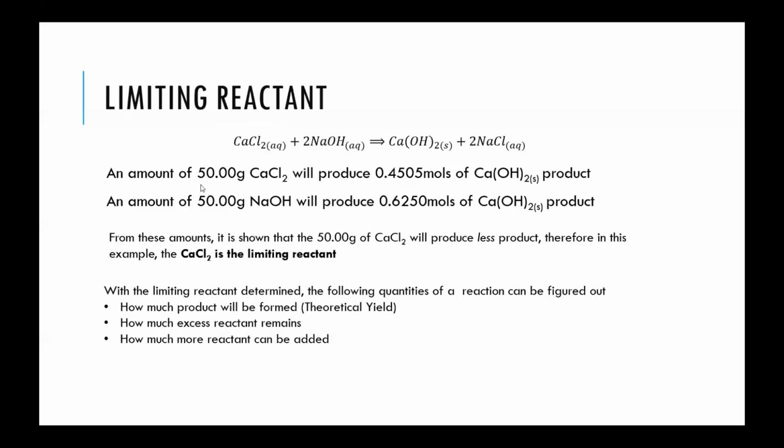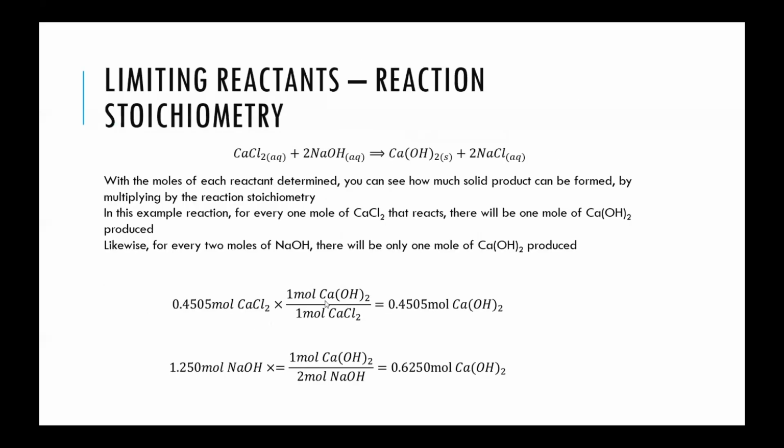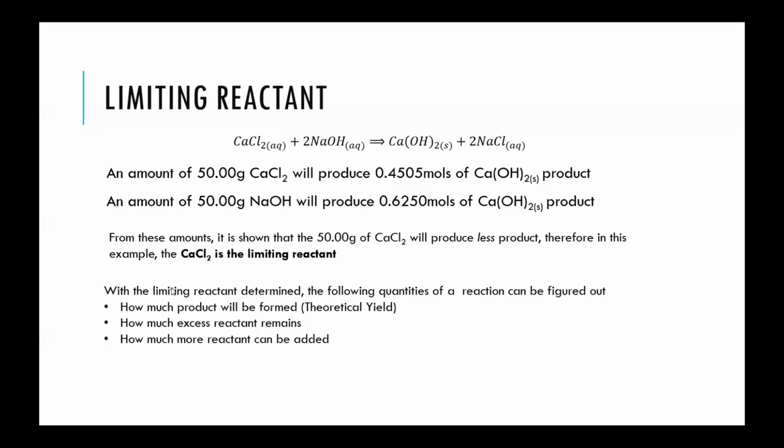So if the limiting reactant is all used up, it's going to react with sodium hydroxide. But how much of that sodium hydroxide is left over? You can calculate that and figure out using the same method as before by multiplying these through by the different ratio.